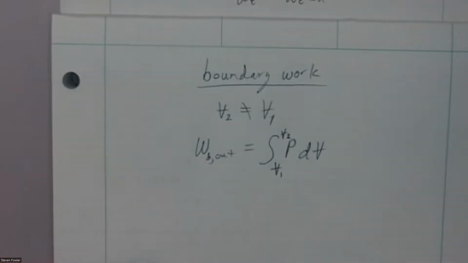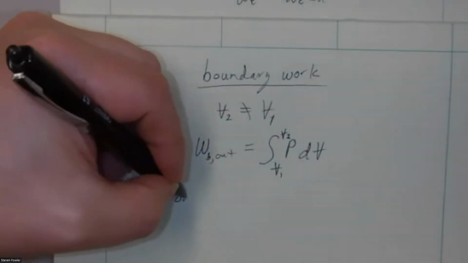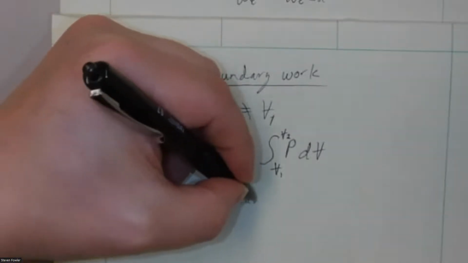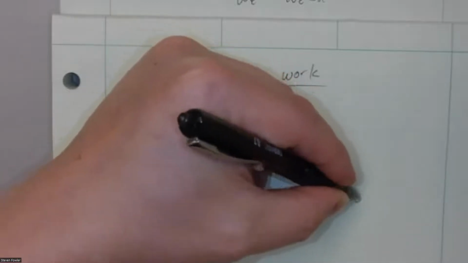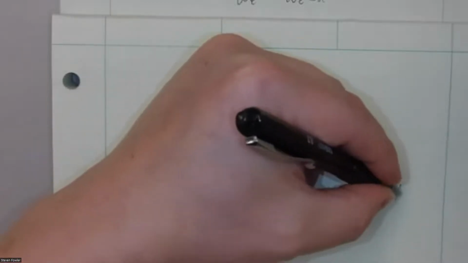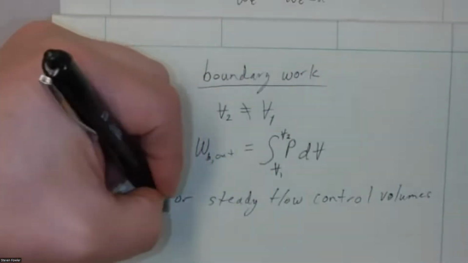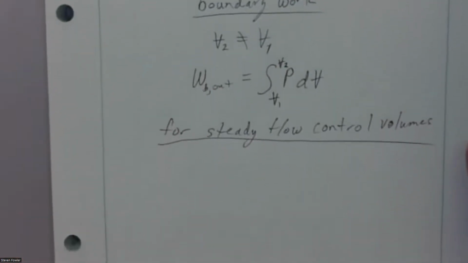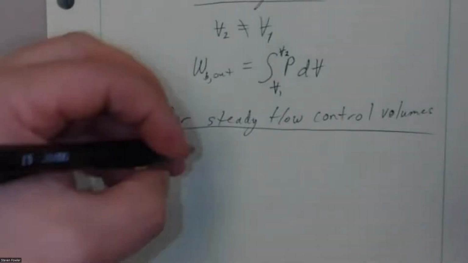If we look at first law for steady flow control volumes. And so I'm looking at first law for steady flow control volumes. Now, there's a couple of things that occur here.